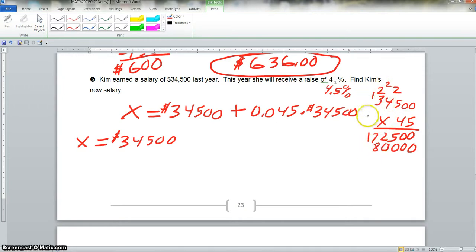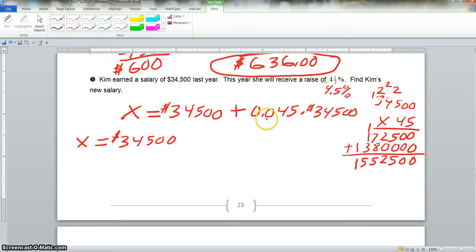And 4 times 3 is 12, plus 1, which is 13. So now we add all of this. So we will have 0 plus 0 is 0, 0 plus 0 is 0, 5 plus 0 is 5, 2 plus 0 is 2, 7 plus 8 is 15, we carry our 1, 3 plus 1 is 4, plus 1 is 5, and then we'll bring down our 1.